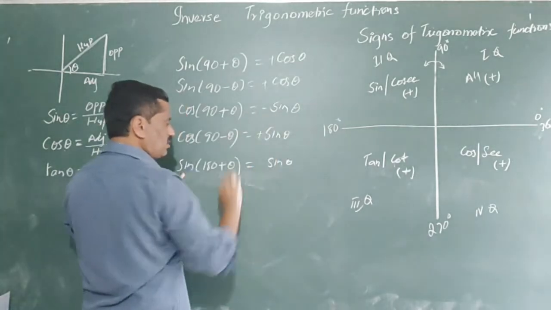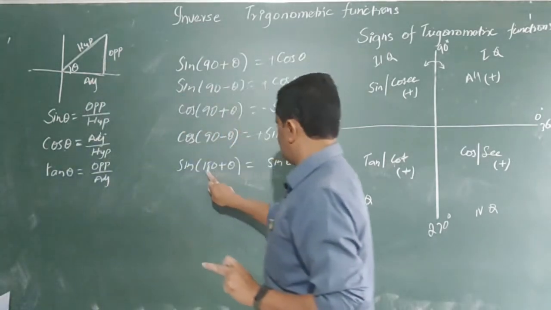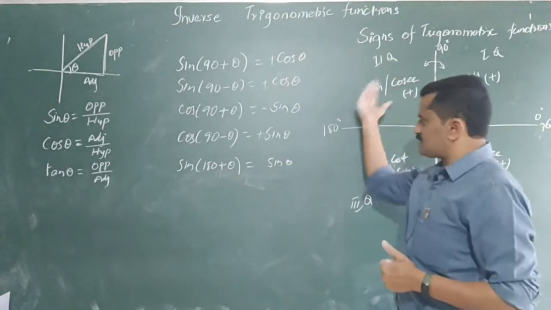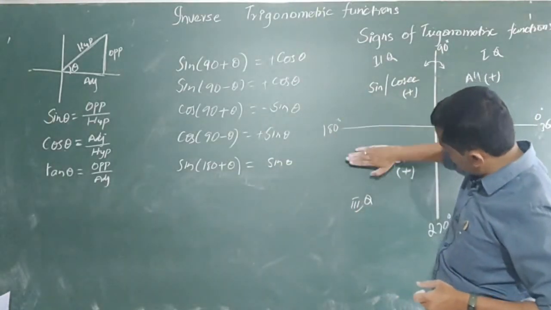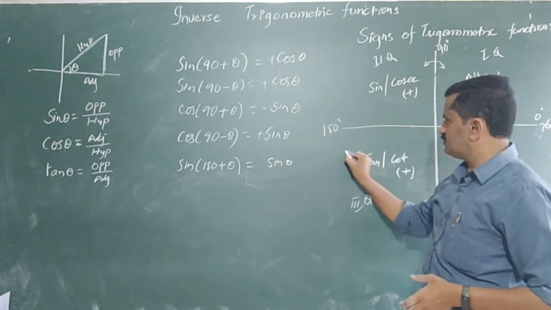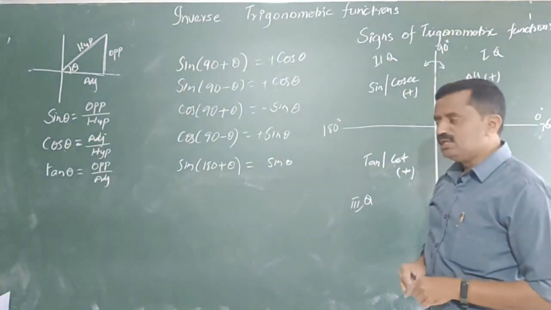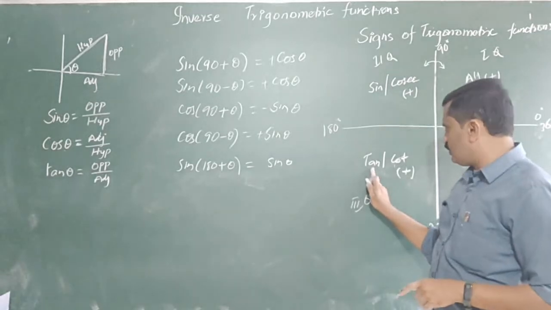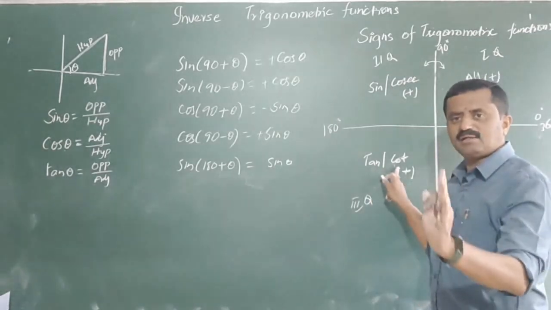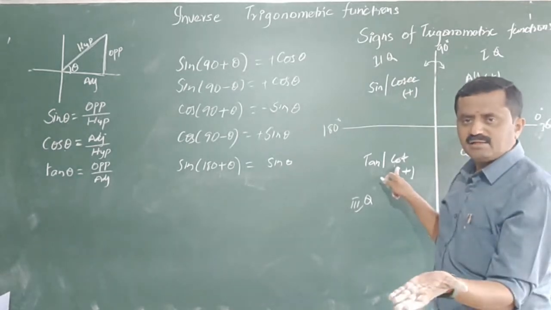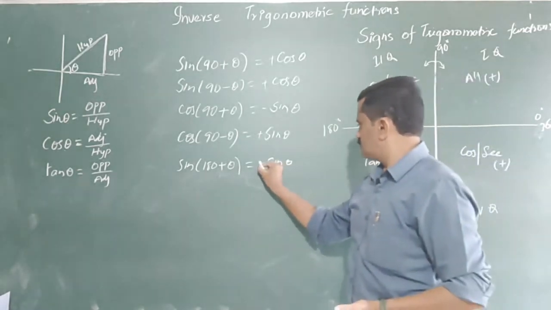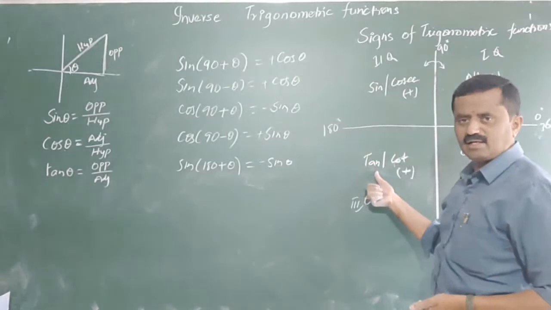Now we have to observe the sign of this. So 180 plus theta comes in which quadrant? That is the third quadrant. In the third quadrant, we know that only tan and cot are positive, the remaining are negative. Therefore minus; sine is minus.